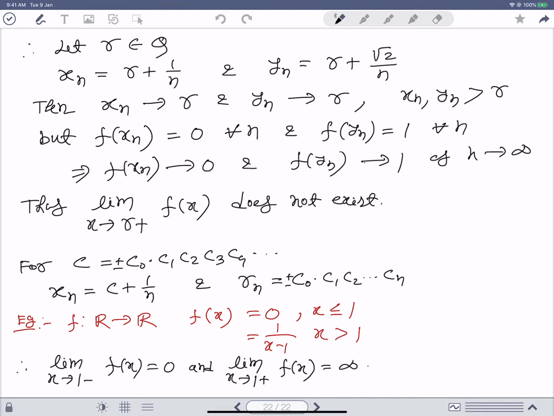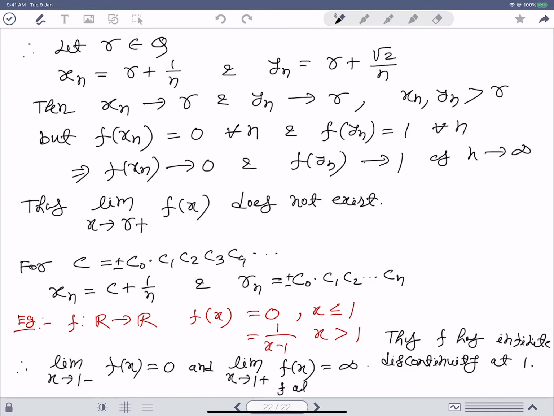So thus we say f has infinite discontinuity at 1.